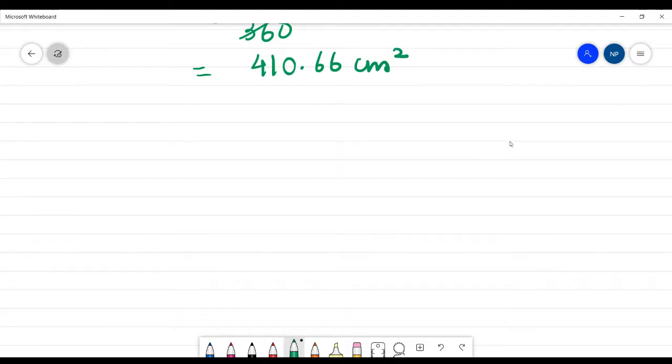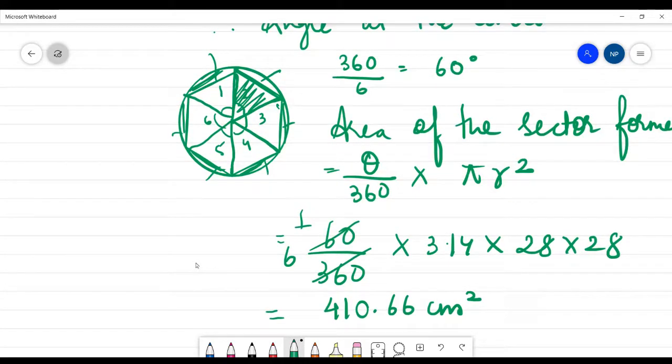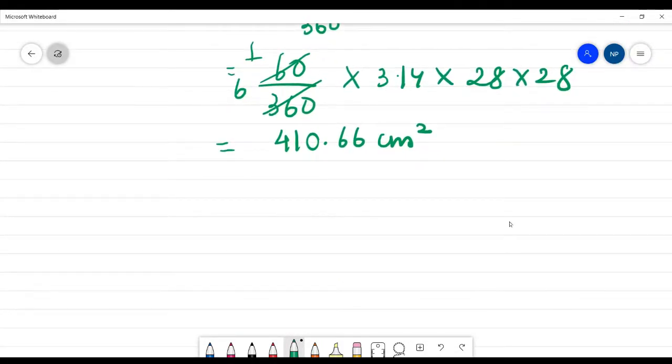If you see the diagram here, the radii are equal and the central angle is given as 60 degree. Now if one angle is 60 degree and the two sides are equal, naturally the third side will also be the same and these angles will also be 60 degree each. Therefore, it will be an equilateral triangle.